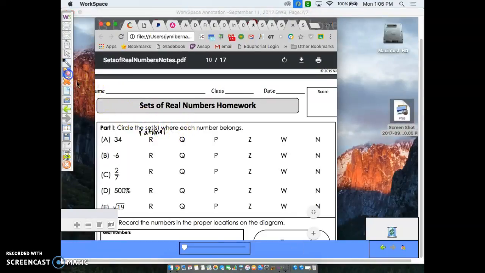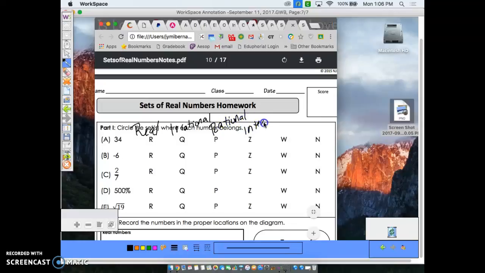So remembering that these are your rational numbers. Nope, sorry, real numbers. Let me fix that. These are your real numbers, irrational, rational, integers, whole, and natural.